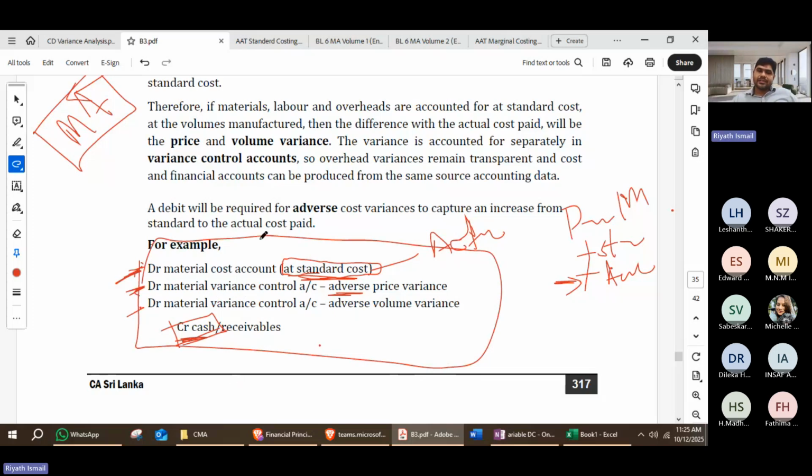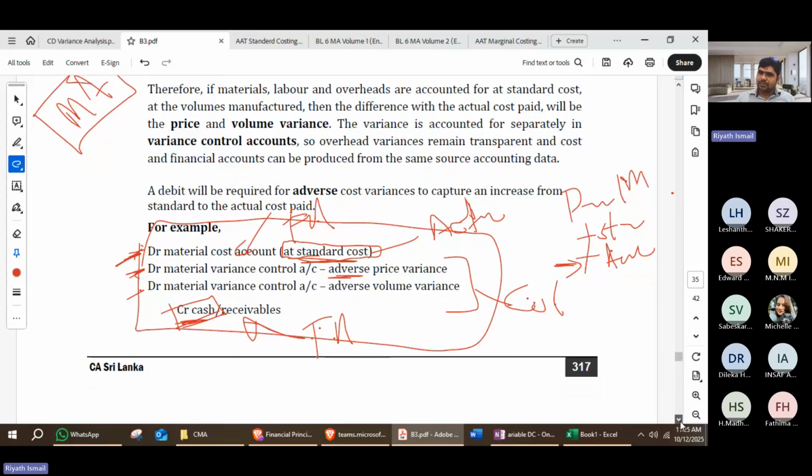Here, the double entry system is coming from financial accounts. This cash, payable, receivable is coming from financial accounting, and this is coming from cost accounting. So this is how they are integrating cost accounting and financial accounting in one book.